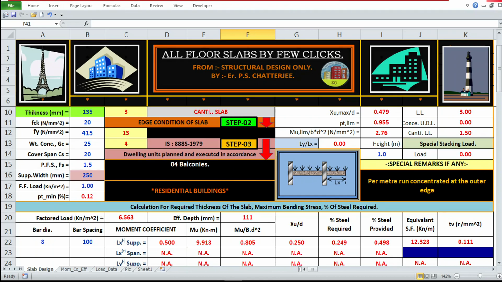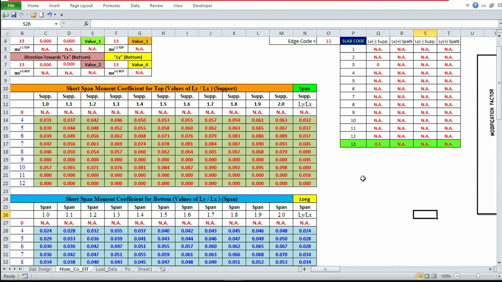Yes, and watch my ultimate solution of BBS where I have declared the level and the meaning of the level. Here, today I am going to show you where this data is coming from only, not the detail. This is the moment coefficient for two-way slab. This is short span, coefficient of moment for top and this is for bottom.